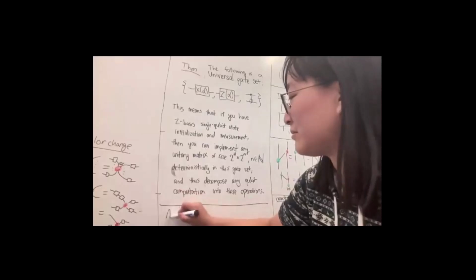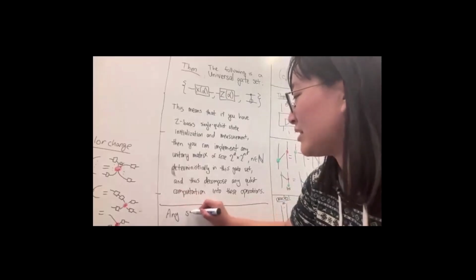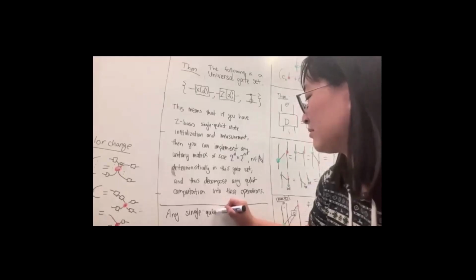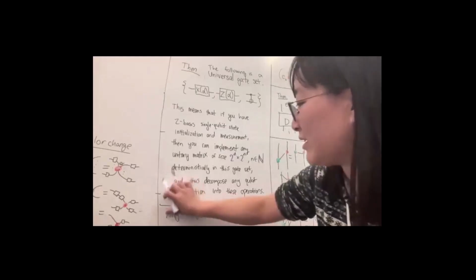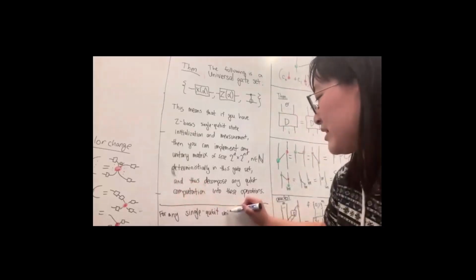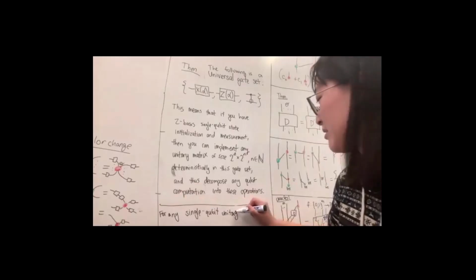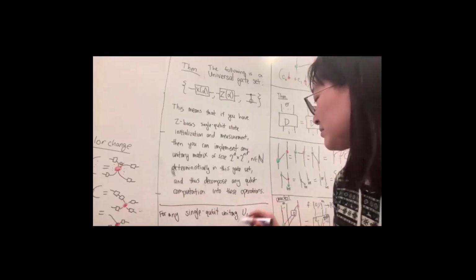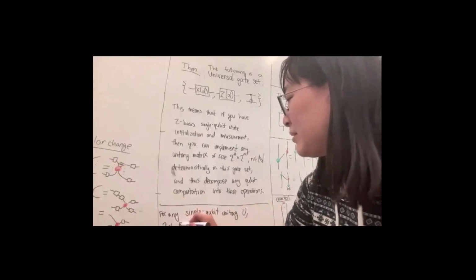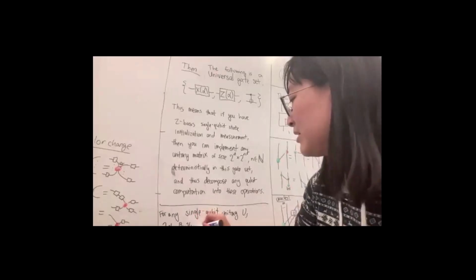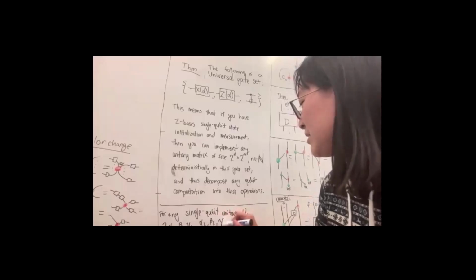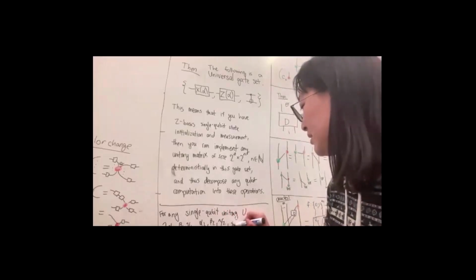So in fact, for any single qubit unitary, so any single qubit gate U, there exist alpha 1, beta 1, gamma 1, alpha 2, beta 2, gamma 2, such that this is true.